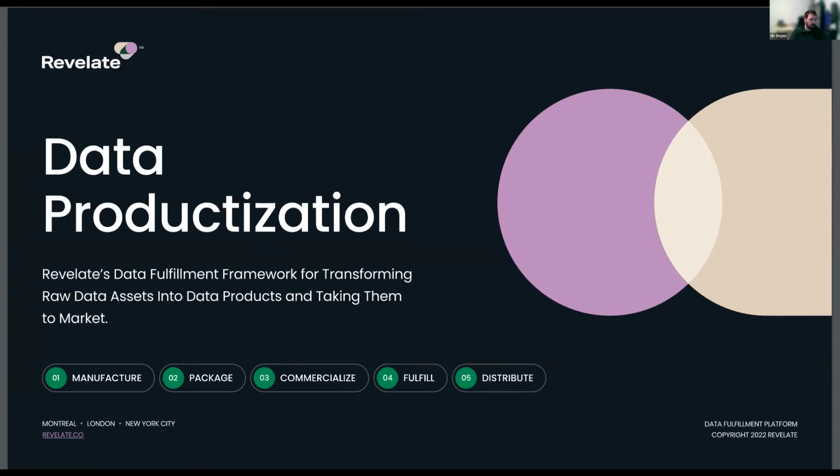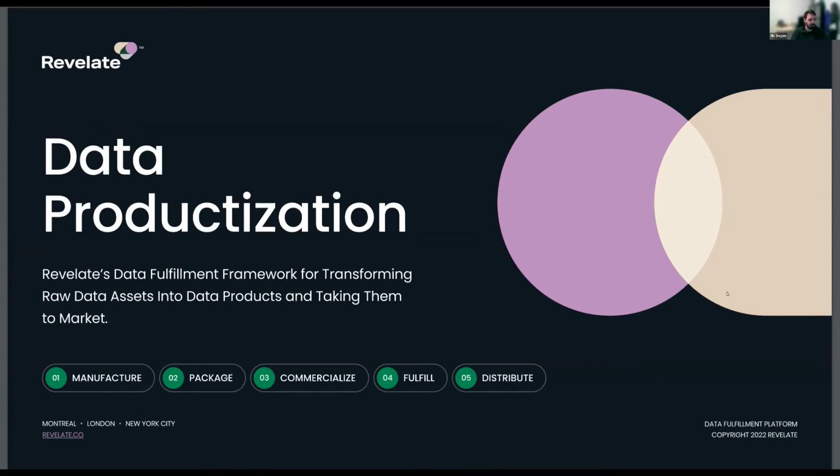Now, generally, we break up the data supply chain into 5 different stages that we present distinctly as separate, but are deeply interconnected with one another, and the decisions that you make inside of them affect how the others actually come to fruition. And so these 5 stages we refer to as manufacture, package, commercialize, fulfill, and distribute. And we'll go into some detail on each of these and some of the areas of care for different providers within them.